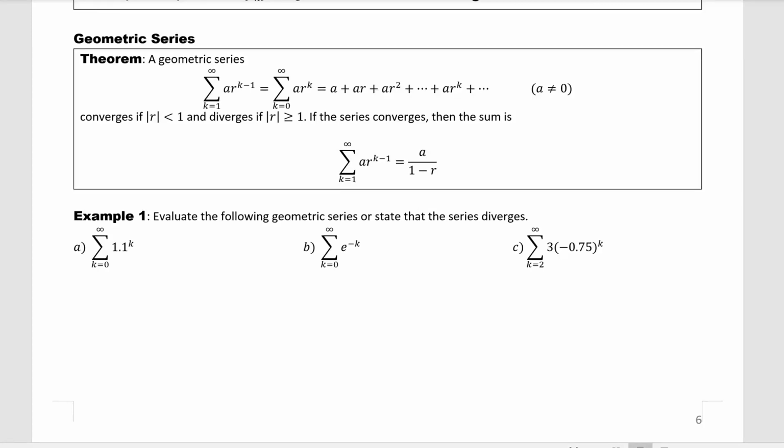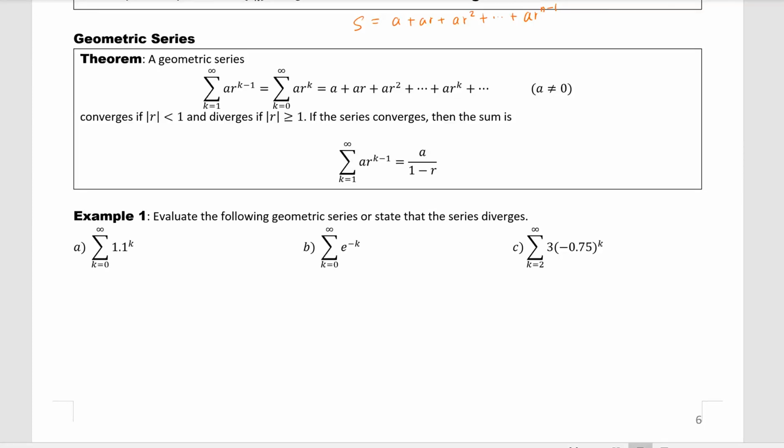So how do we prove that? Let me show you the proof. Let's call the nth partial sum s sub n, equal to a plus ar plus ar squared plus up to ar to the n minus 1. This is the sum of the first n terms of the sequence.